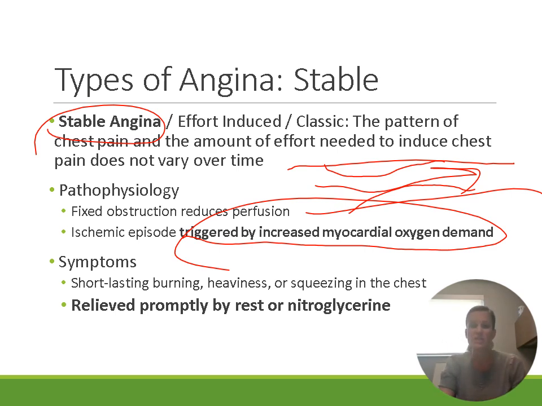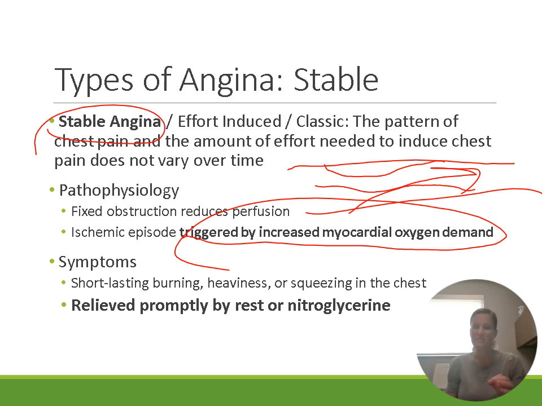Atypical presentation is more common in women. Also, diabetic patients and elderly patients are more likely to be atypical as well. So if you have a woman who's presenting with angina, she might tell you that she gets really nauseous and starts sweating, as opposed to that classic male presentation of chest pain.